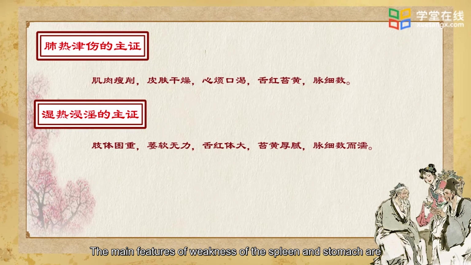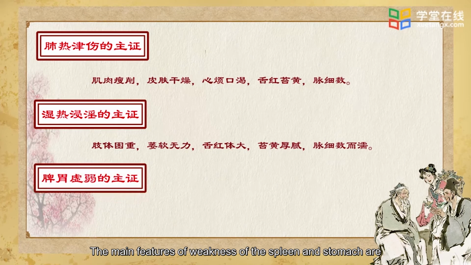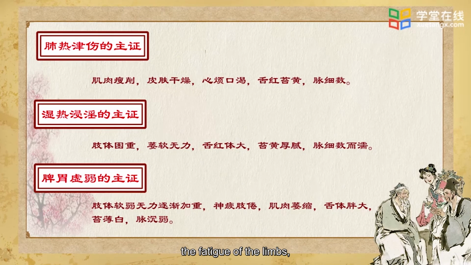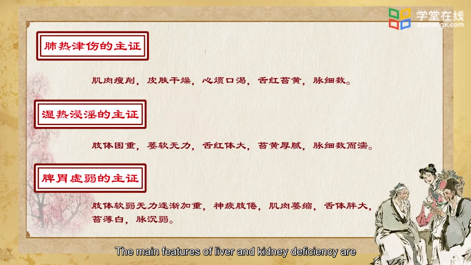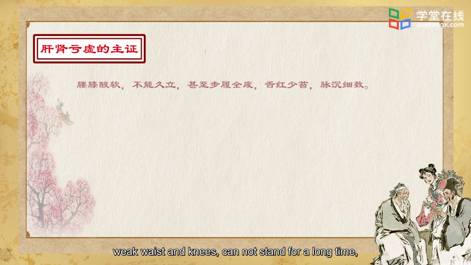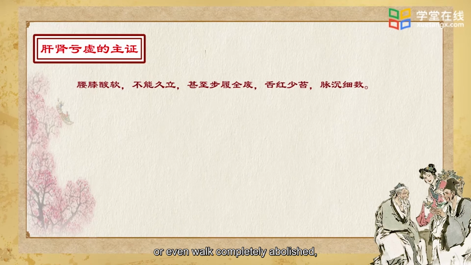The main features of weakness of the spleen and stomach are gradually advancing weakness, fatigue of the limbs, amyotrophy, a fat tongue with thin white fur, and a weak pulse. The main features of liver and kidney deficiency are weak waist and knees, inability to stand for a long time or even walk, red tongue and less fur, and rapid pulse.